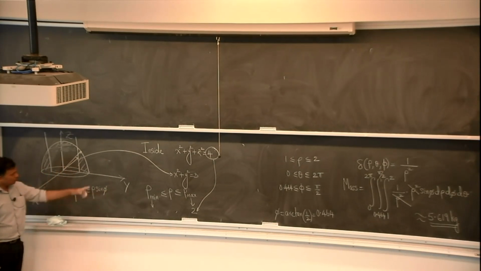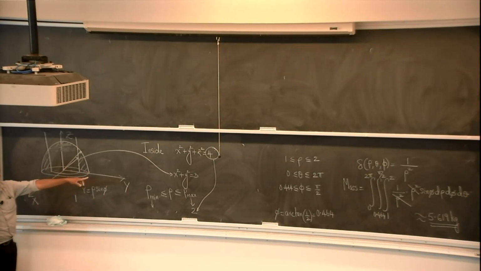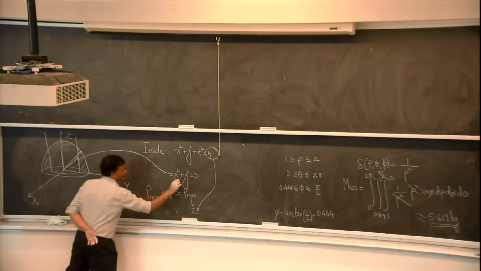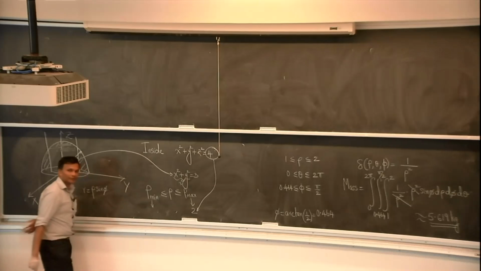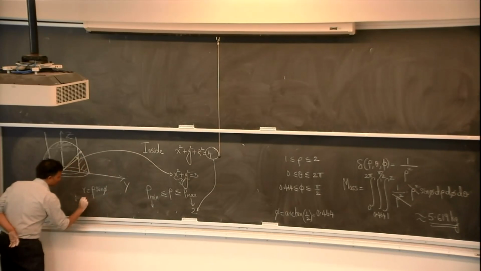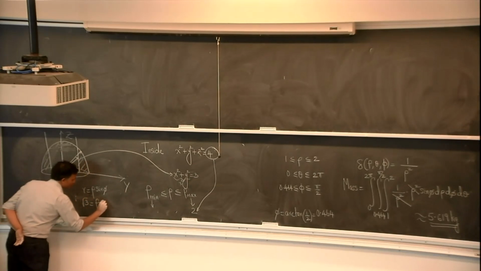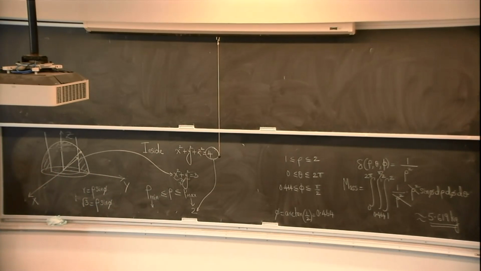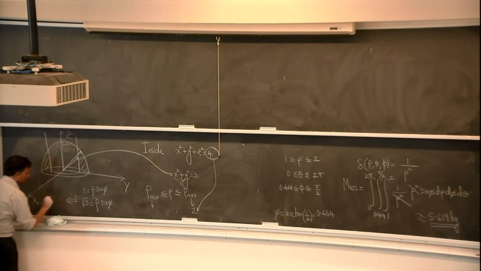In this case, what is R? x square plus y square, so that is 3. So what is R? Square root of 3 equal to rho sine phi. So rho is going to be square root of 3 over sine phi.